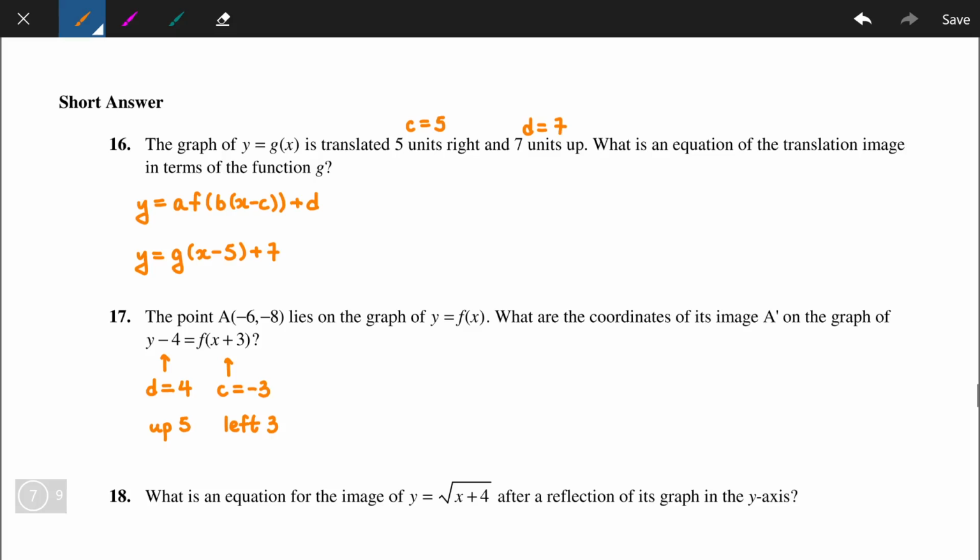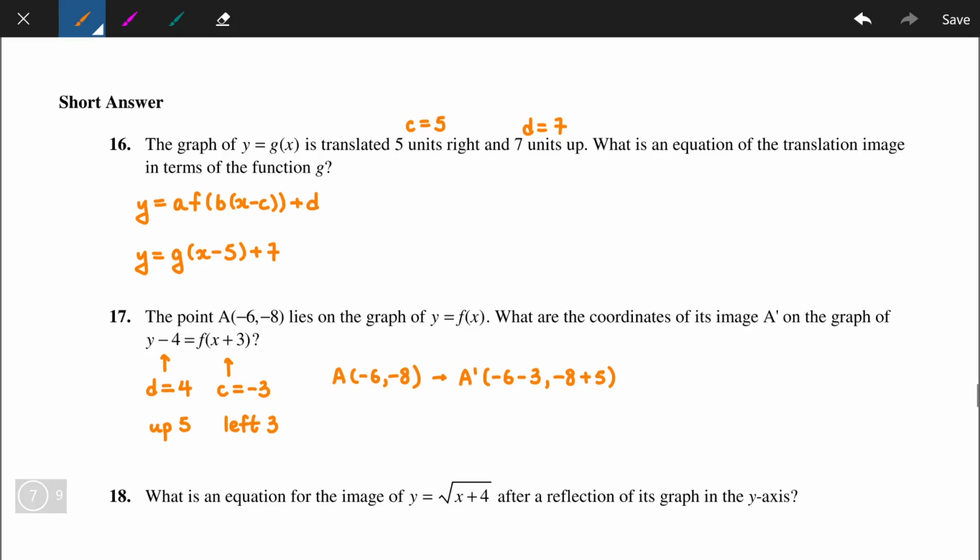So the point A, which starts at -6, -8, going towards A prime, would be -6 minus 3 because of the left 3 translation, and then -8 plus 5 to move the point up 5 spaces.